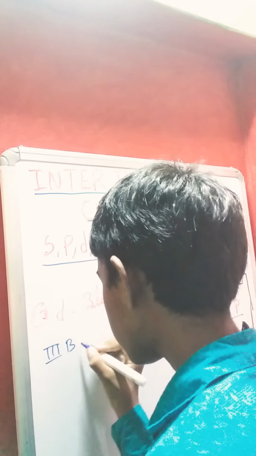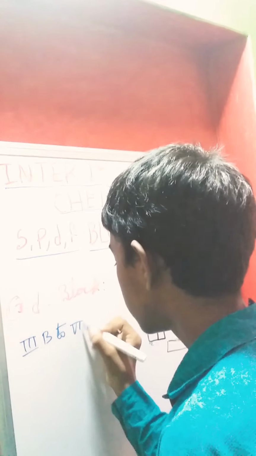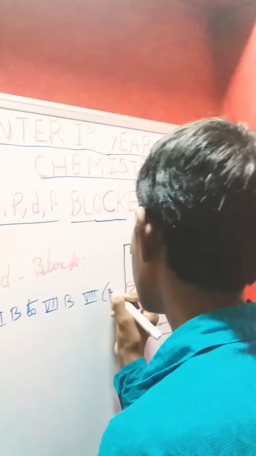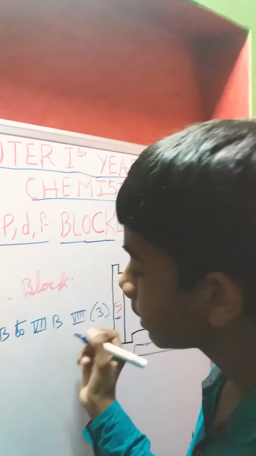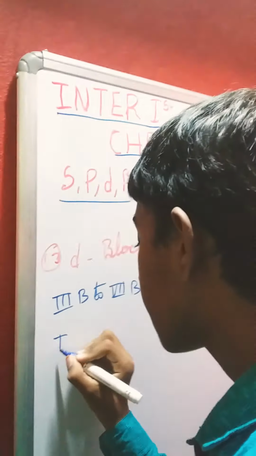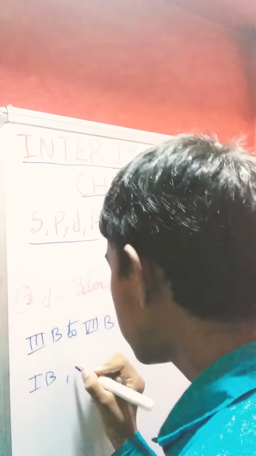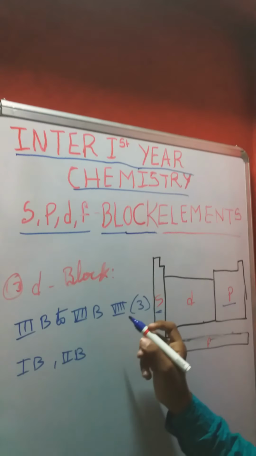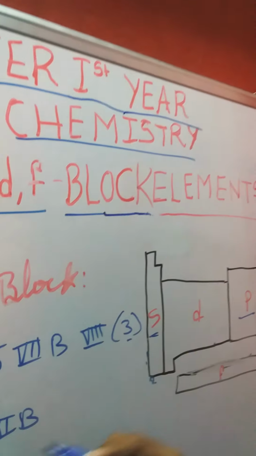They are 3B to 7B, 8 containing 3 vertical columns, and 1B, 2B.